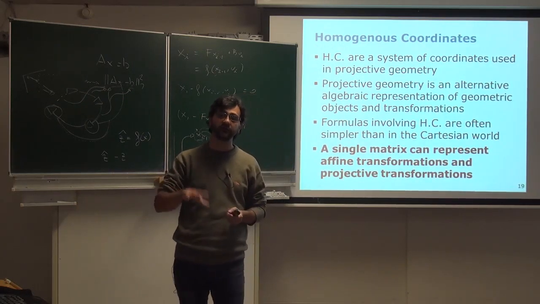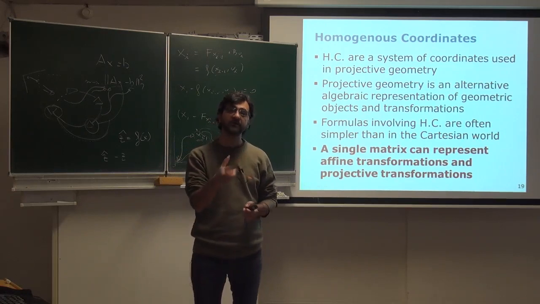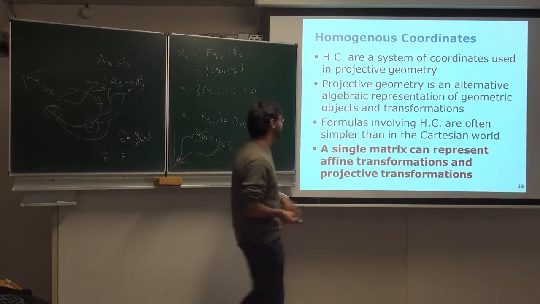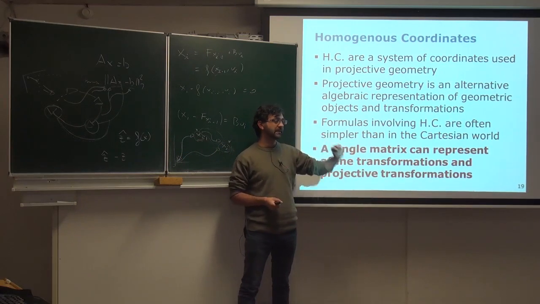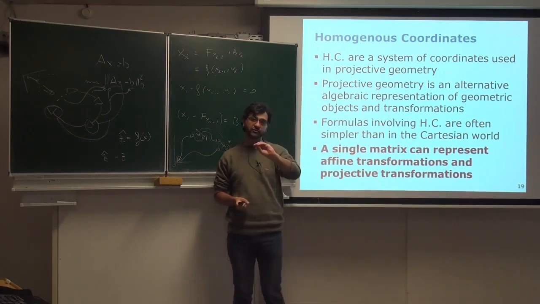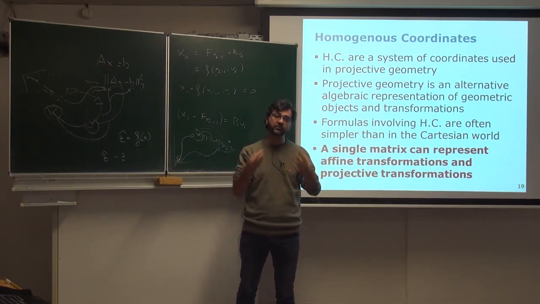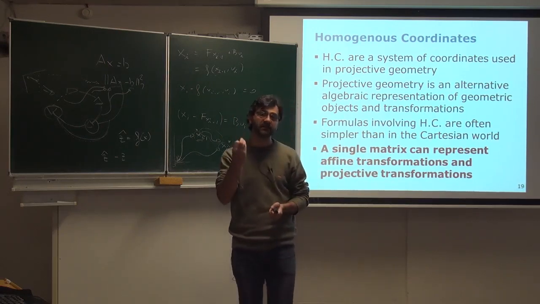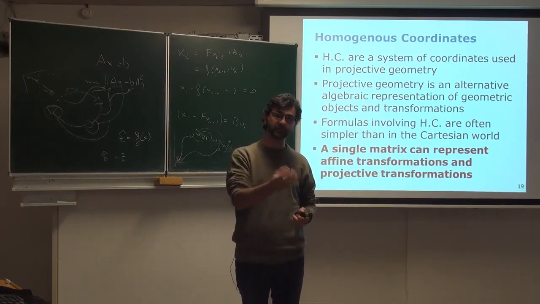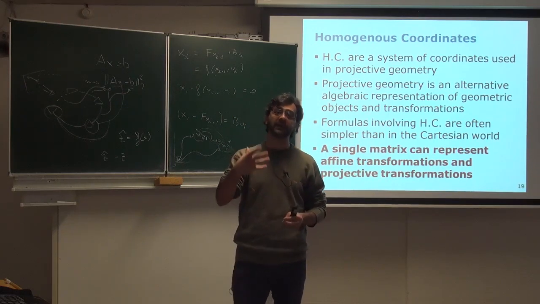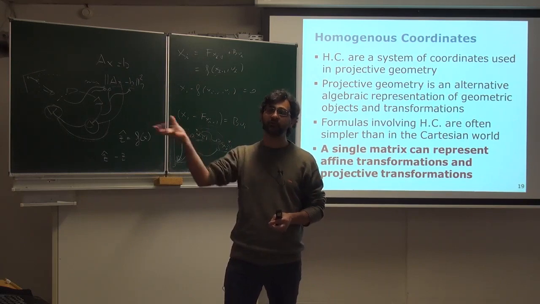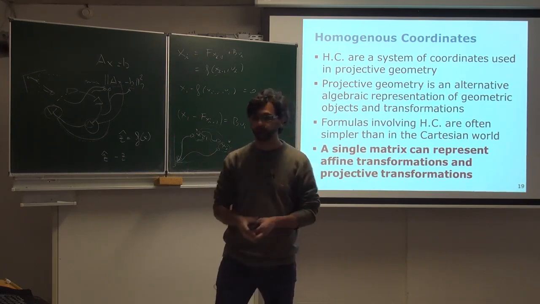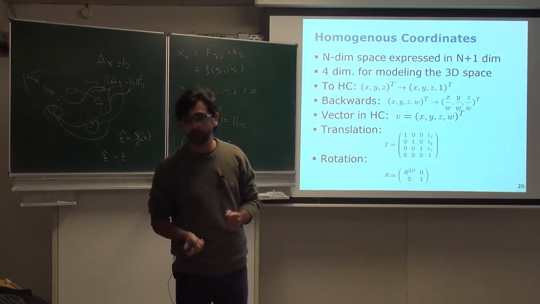But for what we are concerned with right now in terms of relative measurements, with a single matrix, we can express at the same time rotation and translation. We don't have two different components, but just one single mathematical tool. It's matrix multiplication. And with that, we can describe everything that can happen when we move a rigid body in space. Okay, so that's the important thing for you right now.